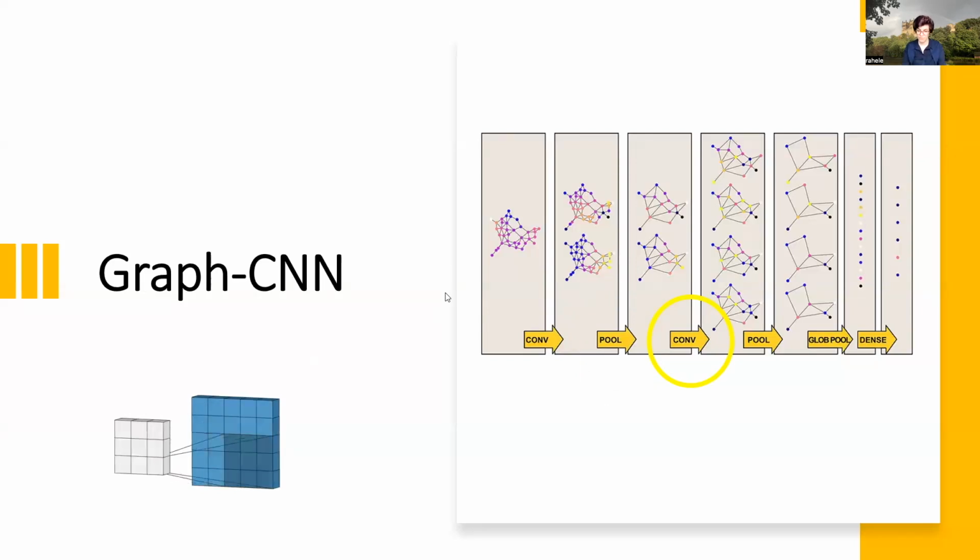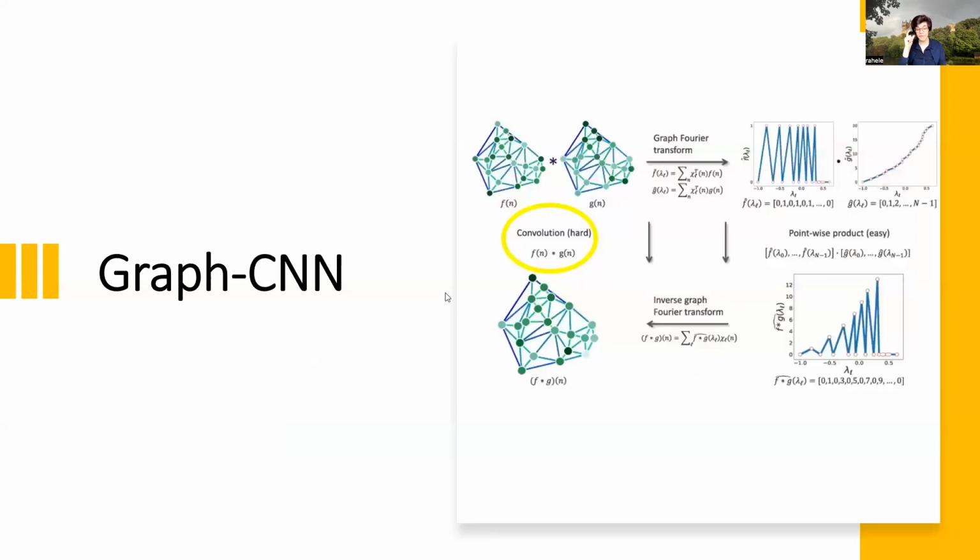So what should I do? The solution is that we know from digital signal processing that convolution can change into a pointwise product if we apply the Fourier transform. It's a very well-known fact. So if I can somehow model Fourier on a graph, everything is solved. I need to convolve a graph with a smaller graph, a kernel. And the question is, how can I do this?